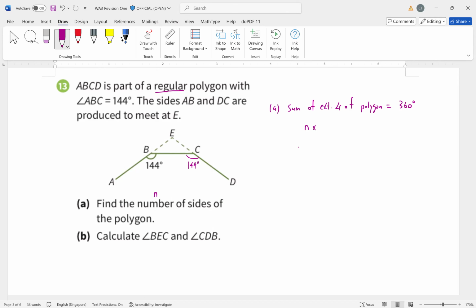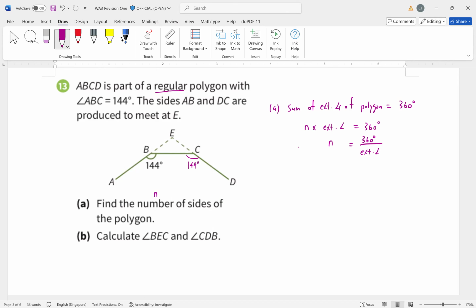So n times each exterior angle will be equal to 360. So if I want to find the number of sides, which is n, the easiest way is to take 360 divided by each exterior angle.